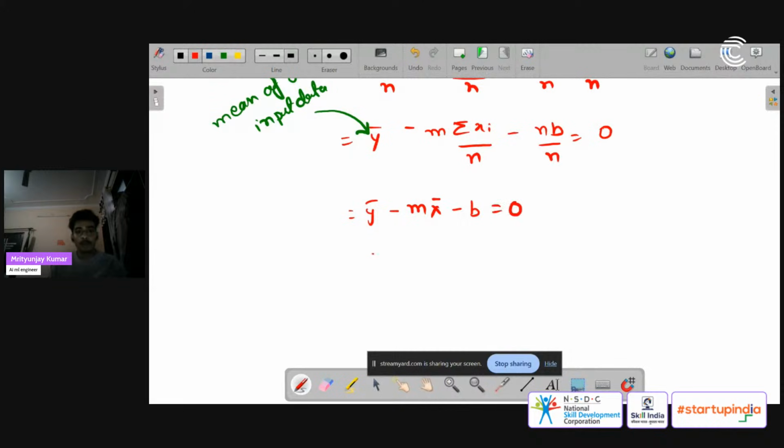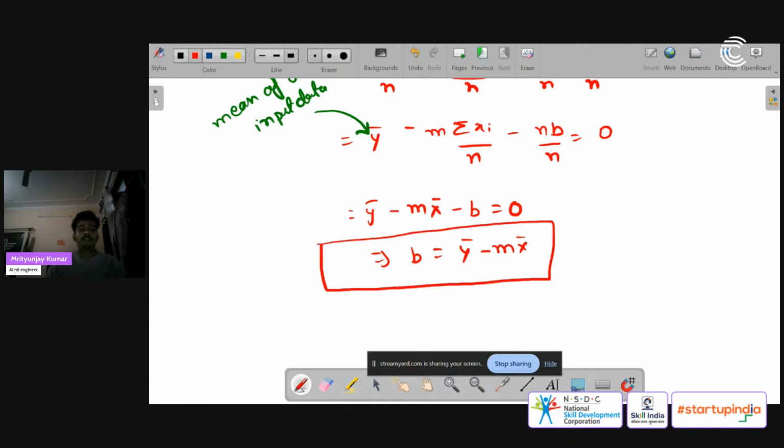So b is going to become, we can move it there, m x bar minus y bar, right? No, no, no, this will become here, yes, sorry, by mistake I mixed the sign. Minus b goes there, meaning we get y bar minus m x bar, and this equation gives us the value of b.